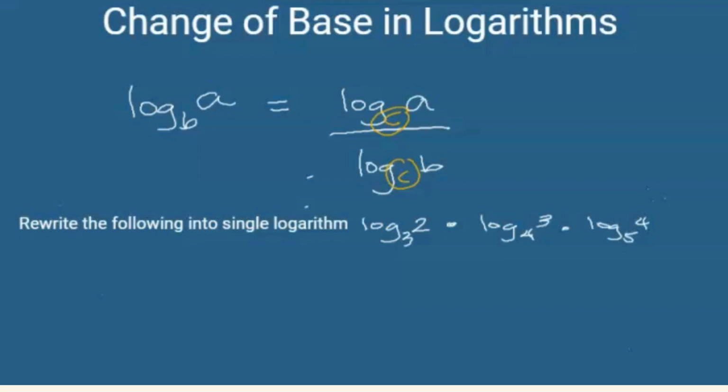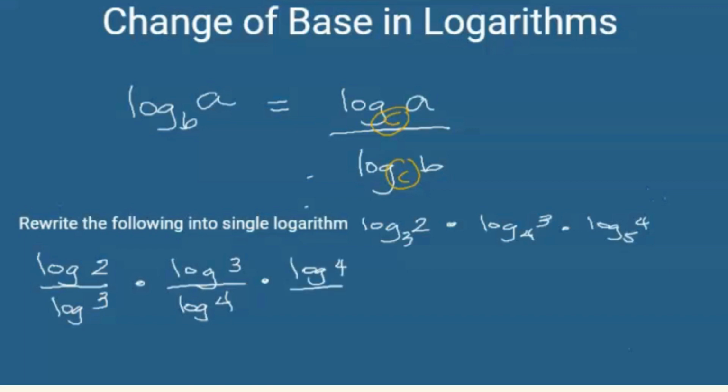So using the change of base formula, the first one would be logarithm of 2 divided by logarithm of 3 times second term logarithm of 3 divided by the logarithm of 4, times third term the logarithm of 4 divided by the logarithm of 5. And this we can cancel out, this cancels out as well. So we have logarithm of 2 over logarithm of 5.